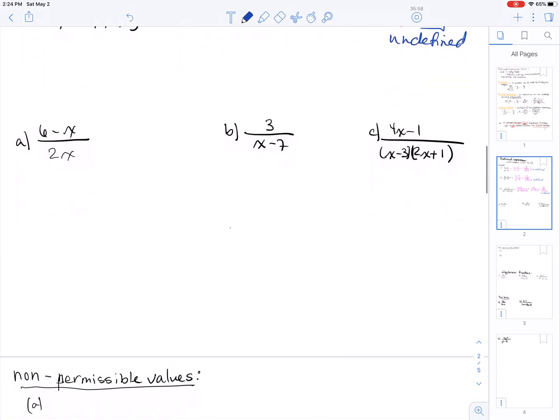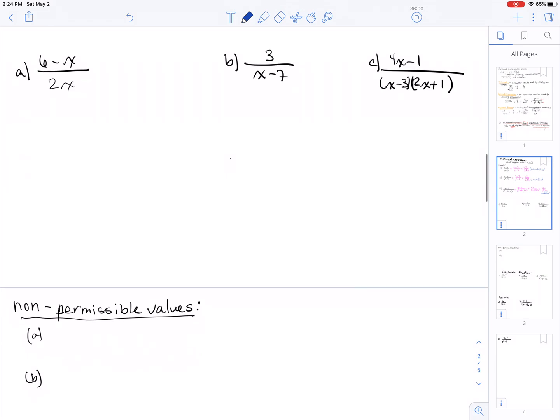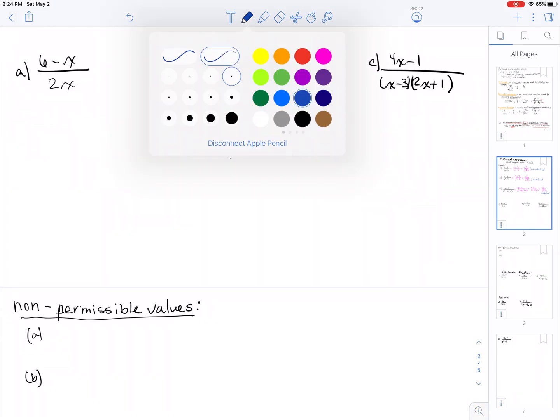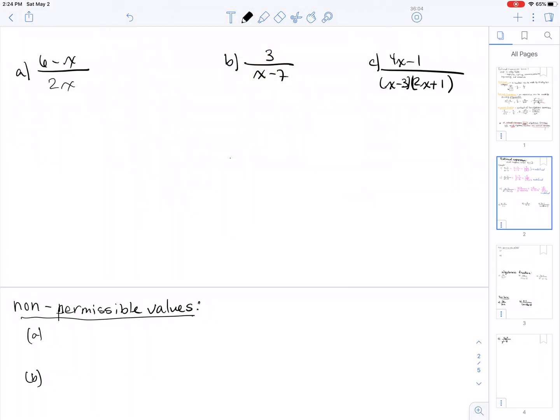Well, it means that we have what's called non-permissible values. In words, a non-permissible value is any value that makes an expression undefined.